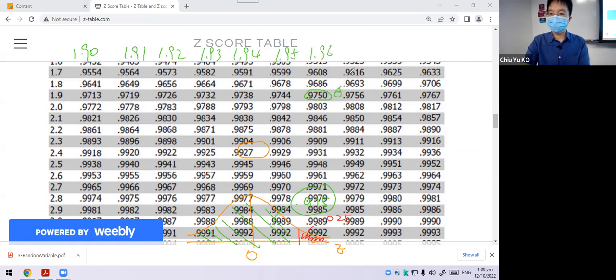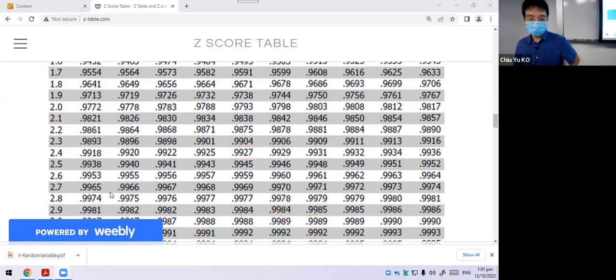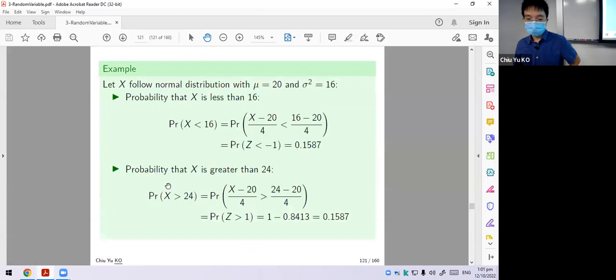So that is 1.96. That's how we get our answer. Is that clear? Is that okay? I hope you would be able to follow. If not, we'll be doing this again. So hopefully you would be able to know what's going on.